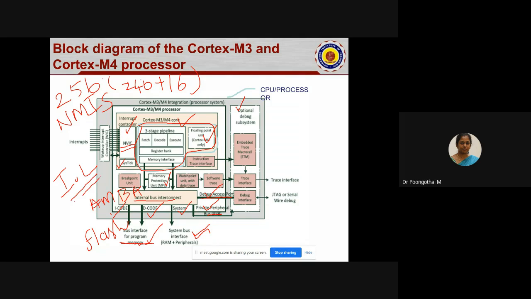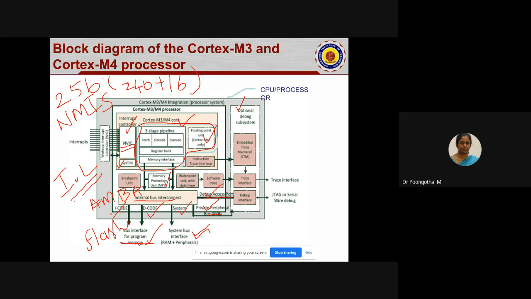Ma'am, yes. And what's a non-maskable interrupt, ma'am? Actually, a non-maskable interrupt means it cannot be disabled by the user, the programmer or the processor side. During the execution of a non-maskable interrupt, the programmer cannot disable the interrupt service routine execution.